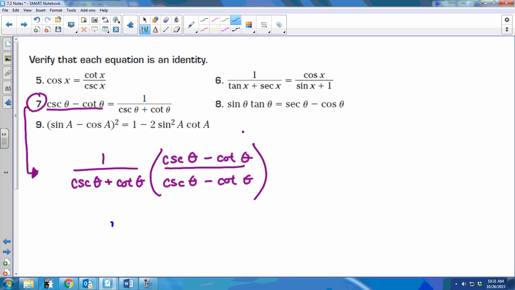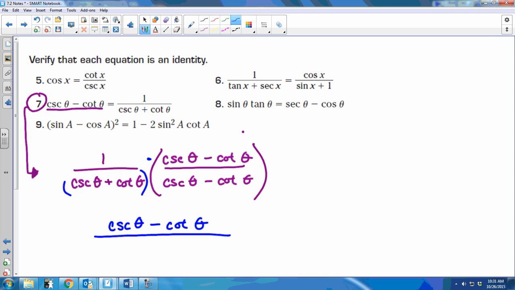By doing so, you get exactly what you want on the left-hand side in the numerator of this fraction. That's what I'm trying to achieve, that's 1 times cosecant theta minus cotangent theta. In the denominator, you would need to FOIL, but by using a conjugate, the whole point is that when you FOIL, the middle terms drop out.